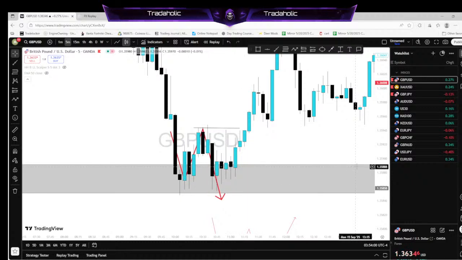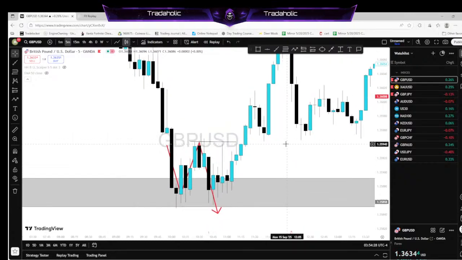This is not a reversal. And I said before, in order for it to be a reversal, you don't know. You don't know until it happens. That's what I said earlier.